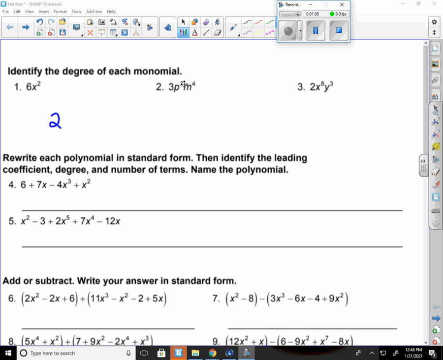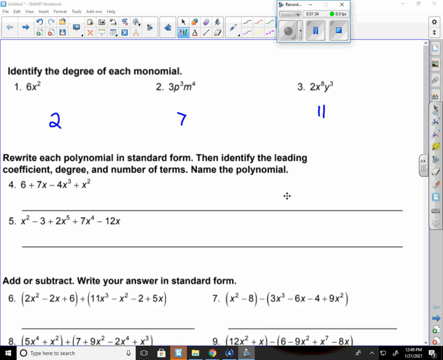If I do 3 plus 4, that gives me my degree, which is 7. And number 3, I have x to the 8th and y to the third. Just combine those two. 8 plus 3 gives me a degree of 11. And that's all you had to do for the first 3.